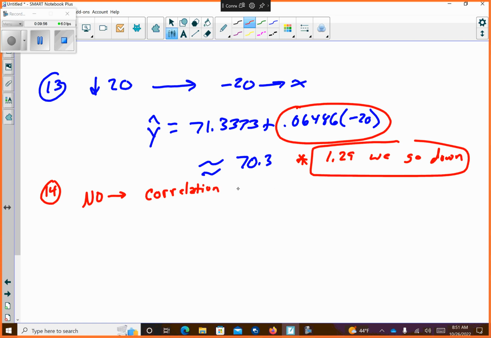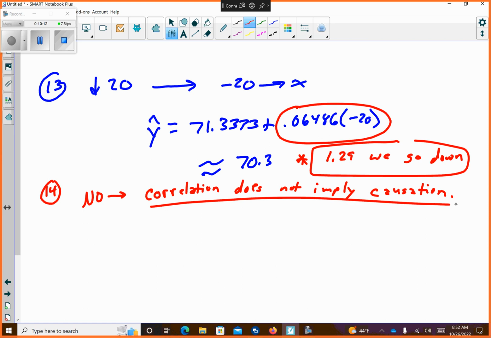Correlation does not imply what? Causation. Okay? So that's one of the things that we have to be careful with. Correlation does not imply causation. Unfortunately, society says, oh, there's a correlation, therefore this must be. And you're like, you're wrong.